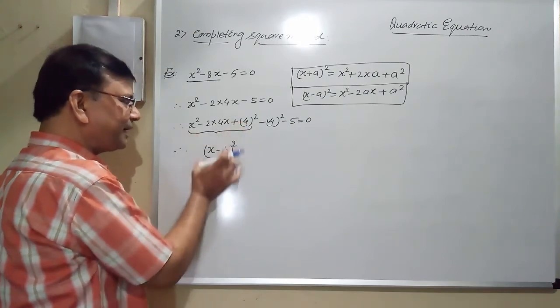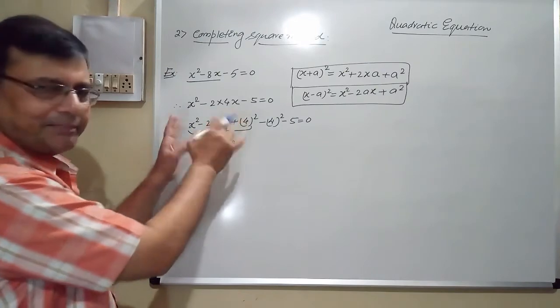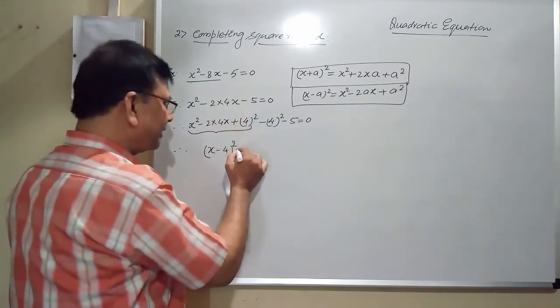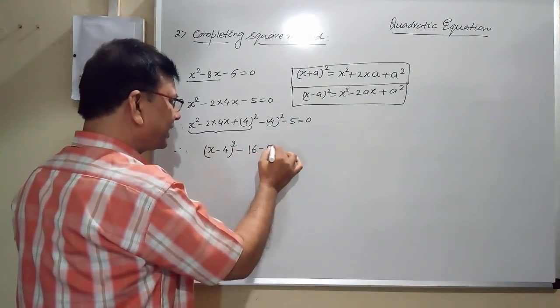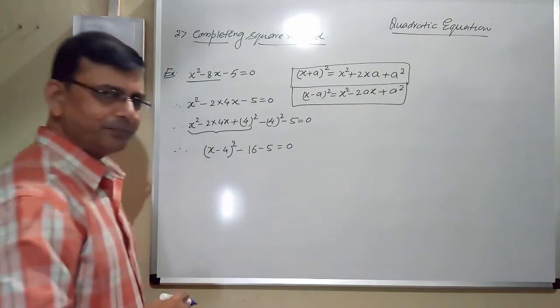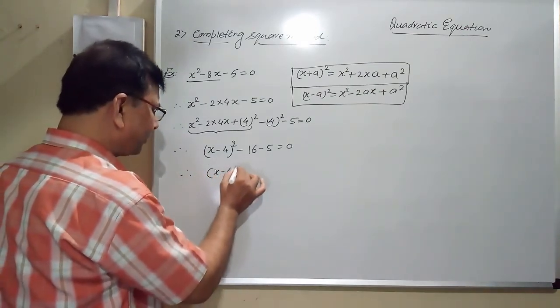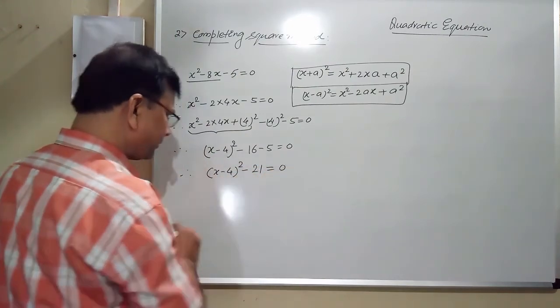This part has become a complete square. For the sake of that, all these additions and subtractions we have done. So this is x minus 4 whole square minus 4 square, which is 16, minus 5, that is equal to 0. Therefore, x minus 4 whole square minus 21 is equal to 0.